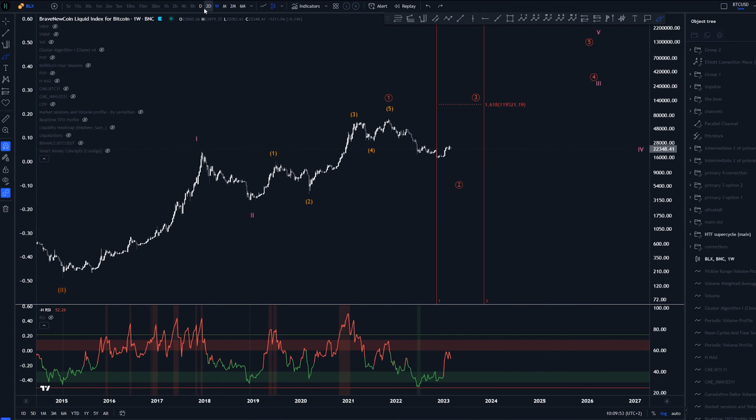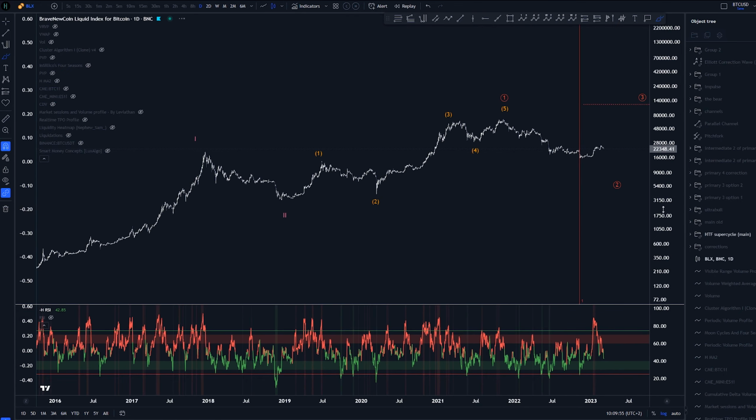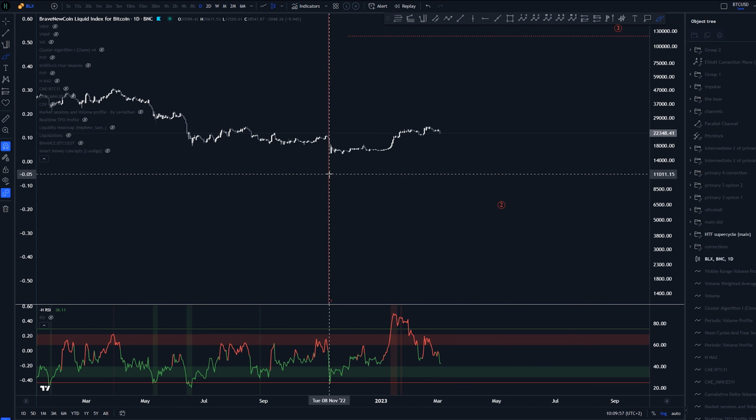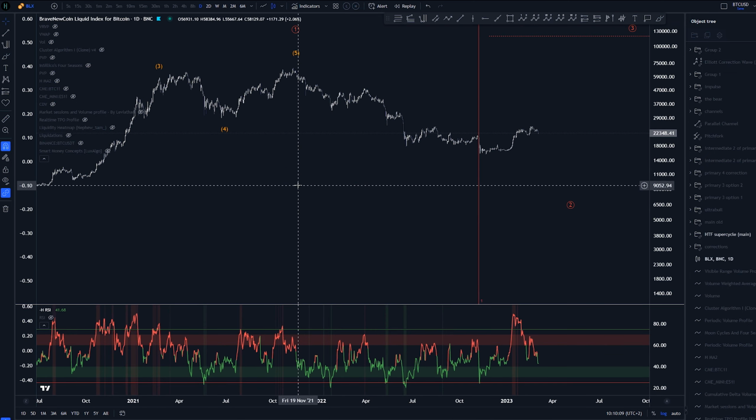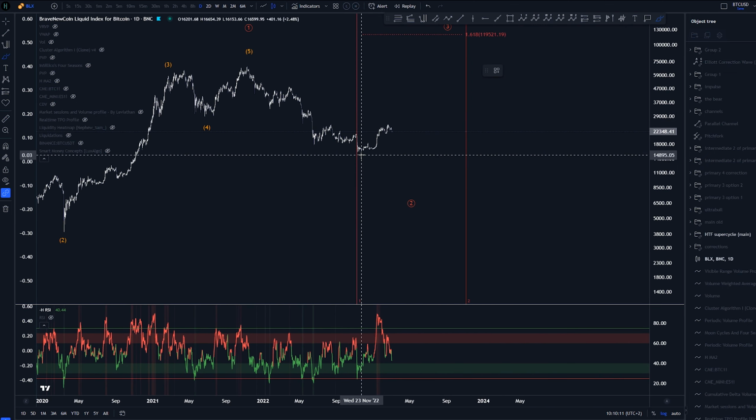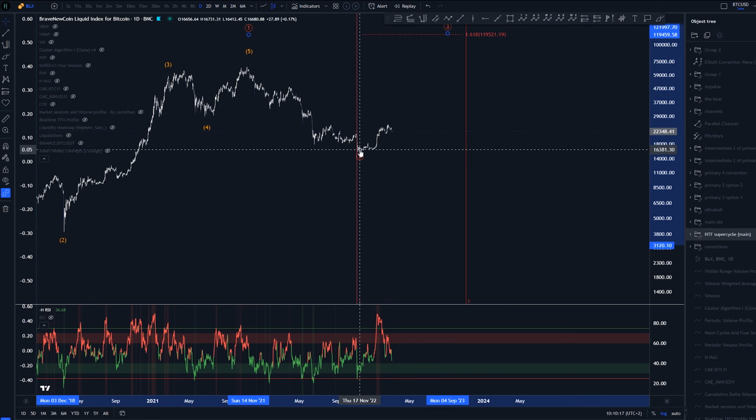The 1-to-1 extension in time exactly hit the low, basically the drop that we had in November. We missed the 1-to-1 of the exact lows. This has already gone beyond the 1-to-1 of that cycle wave 2, so it is already larger, even if wave 2 would be over here.